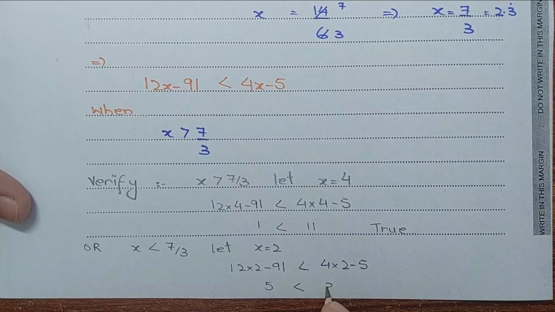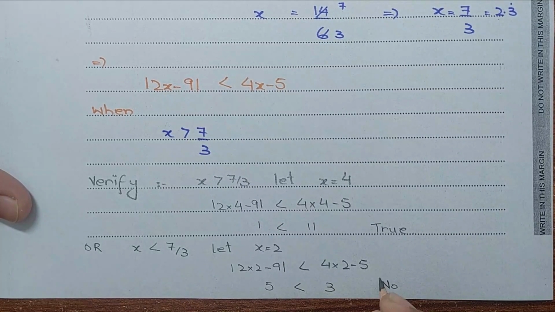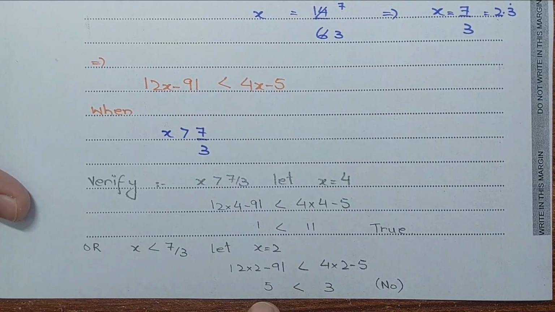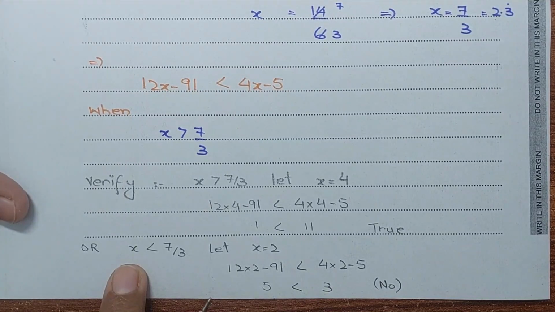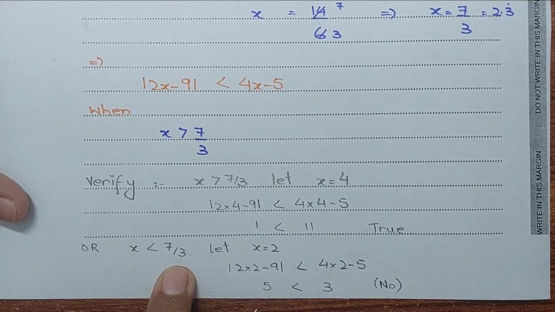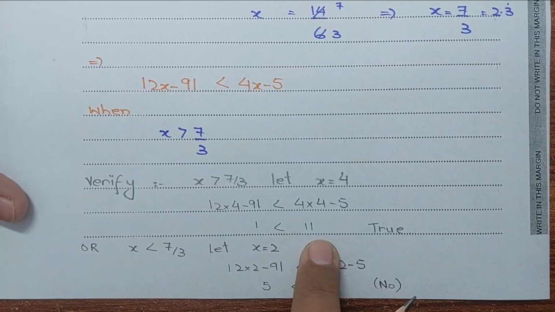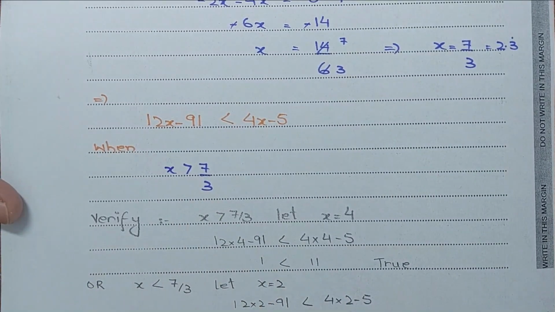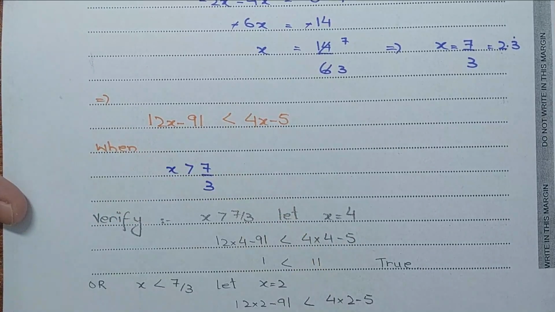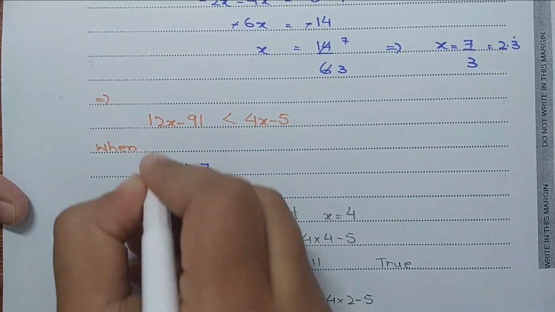Is 5 less than 3? No. 5 is greater than 3. So the inequality is not valid when you take the values of x less than 7/3. So the inequality is valid when you take the values of x which is more than 7/3. So this is the value of x which satisfies your inequality.